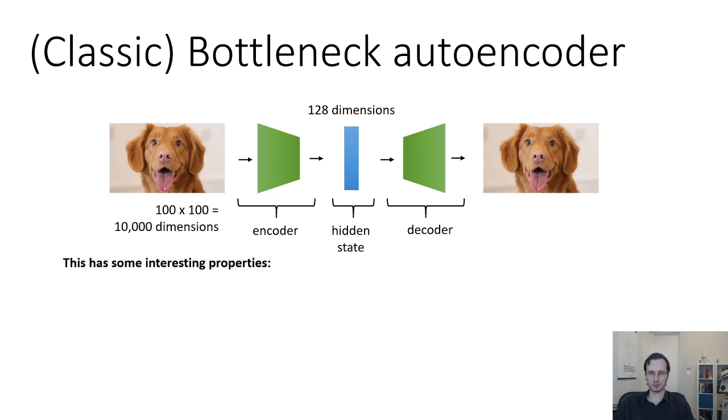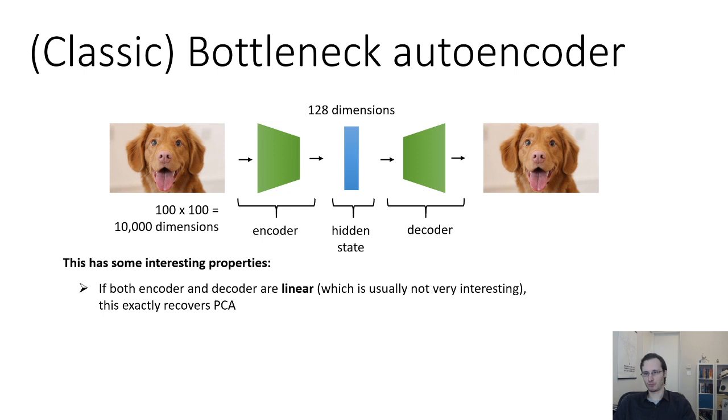This is very straightforward, and it does have some interesting properties. One interesting mathematical fact, which I'm not going to have time to prove, but it's true: if both the encoder and the decoder are linear, meaning they're not neural networks, they're just matrix multiplications, then training this kind of bottleneck autoencoder with mean squared error for reconstruction exactly recovers principal component analysis, where the dimensionality of the hidden state is the number of principal components that you're going to get.